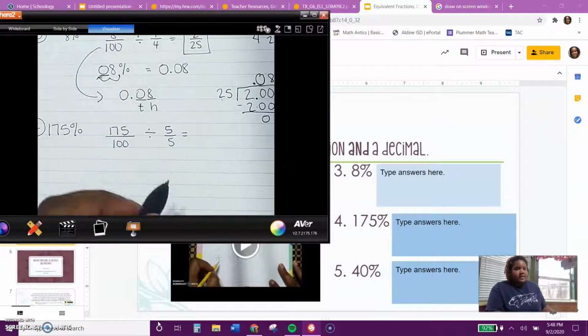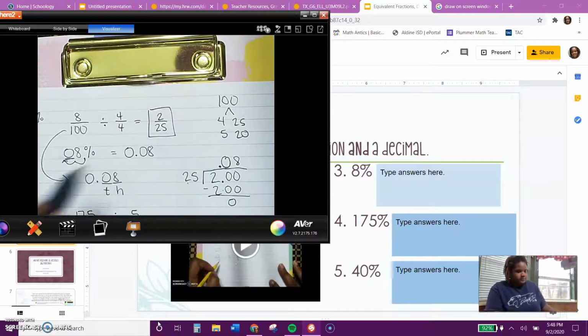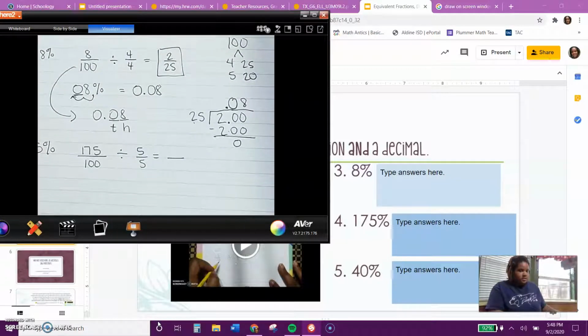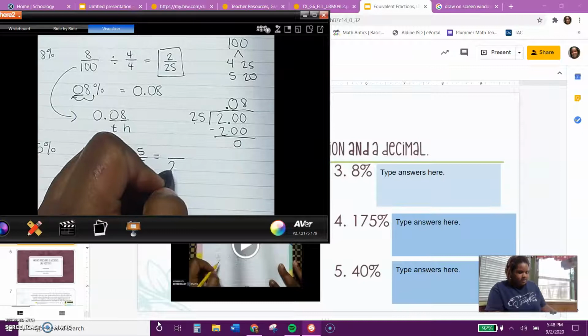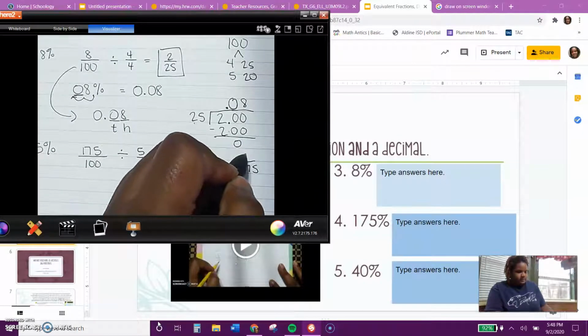And I also know from my hundreds factors, 5 times 20 is 100. Off the top of my head, I do not know what 175 divided by 5 is, but some quick math.